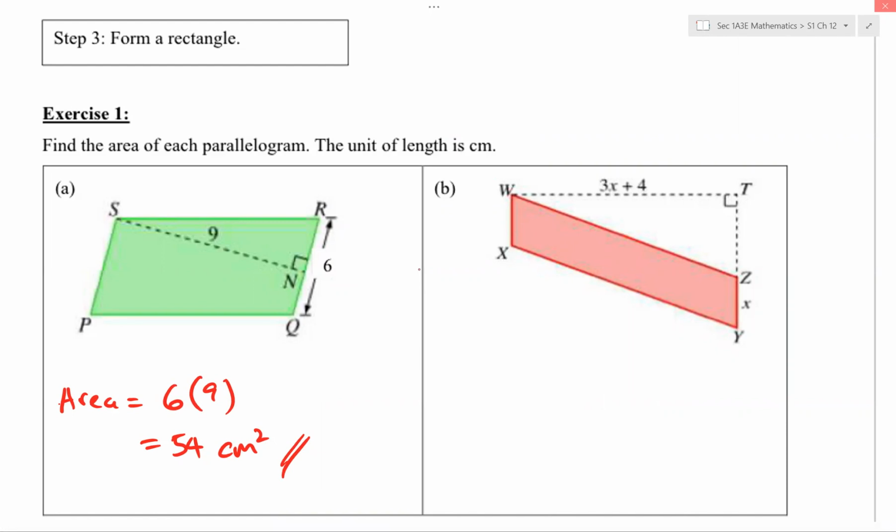Now, I want you to, on your own paper, pretend that PQ is the base. If PQ is the base, can you draw a perpendicular height? Use a pencil, whatever other color, doesn't matter. Just as a practice. If PQ is the base, where is the corresponding perpendicular height?